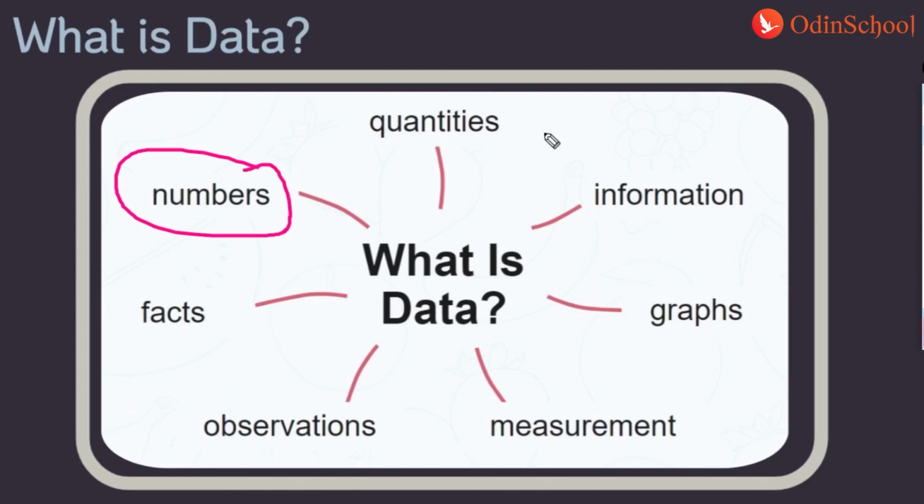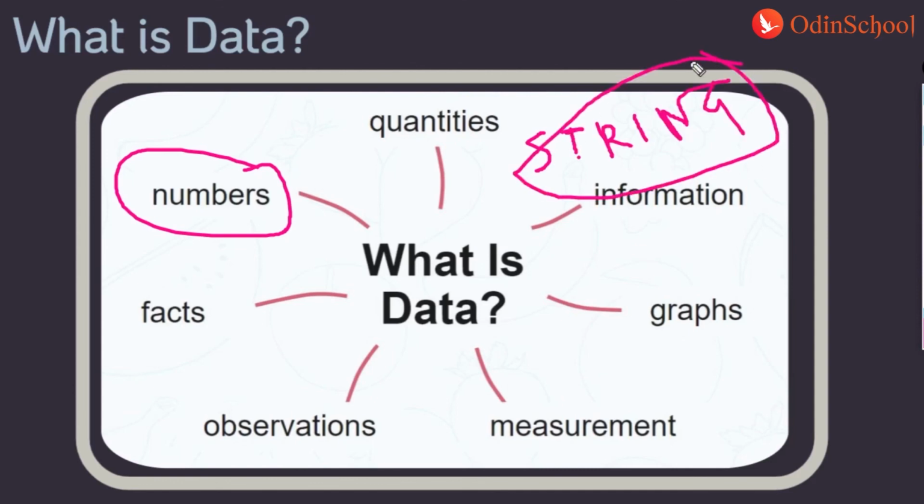It can be text, alphabets, or anything which is non-numeric, that is what we call a string. So these are the two things which we deal with. One is numbers and the other is strings. One is numeric, the other is categorical.